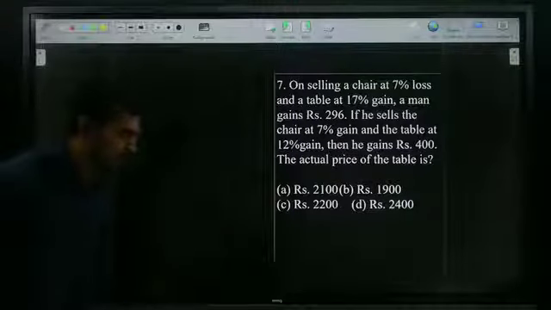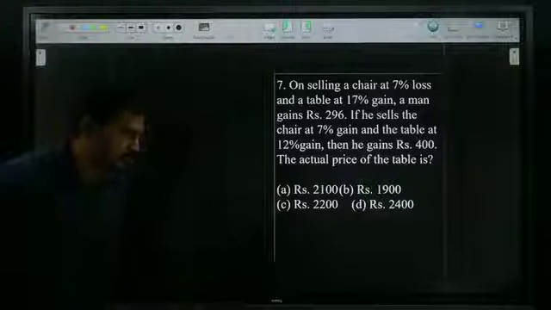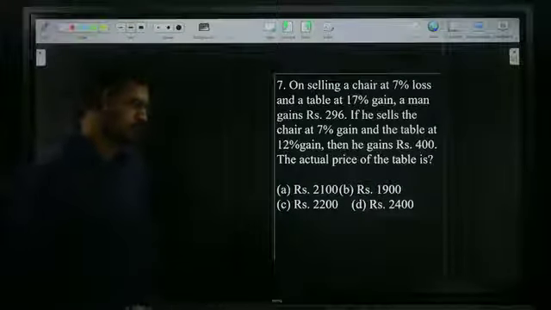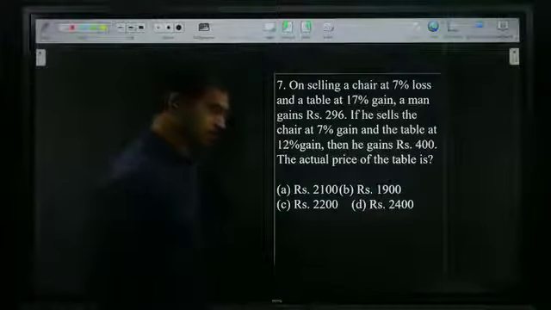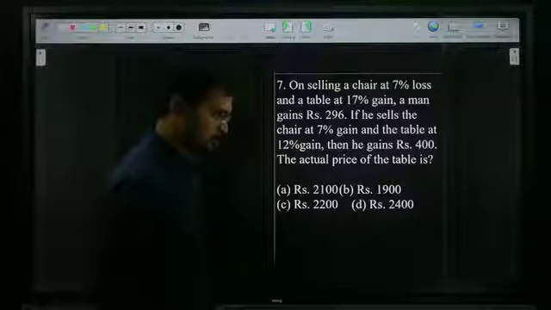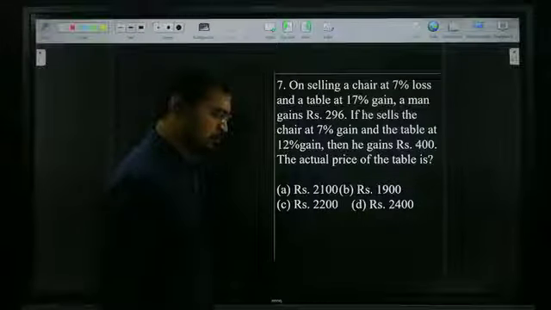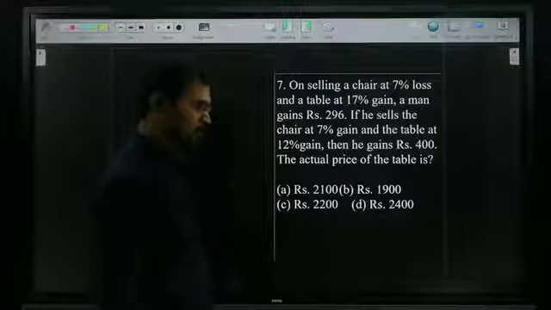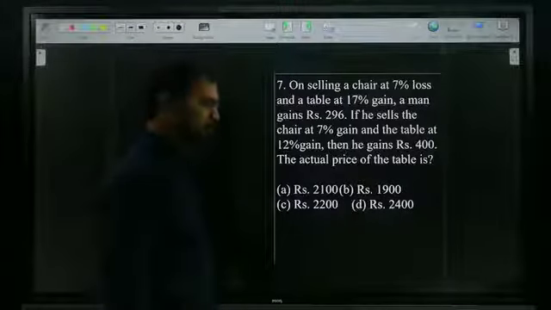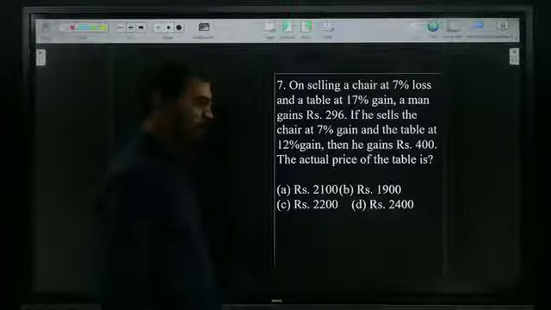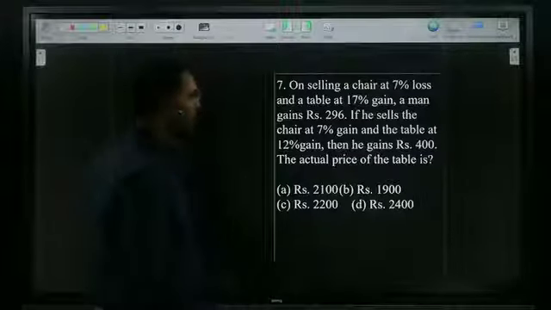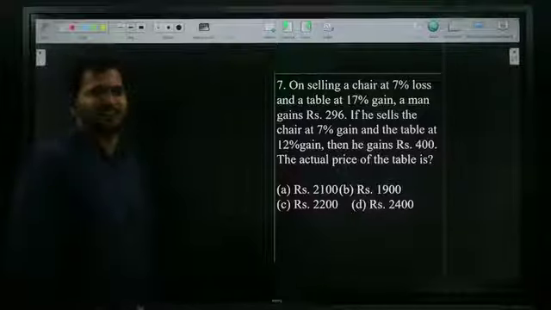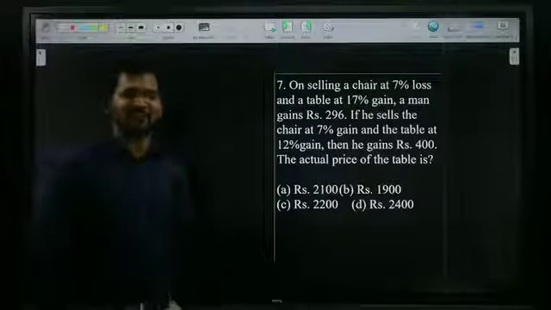Swapna is asking, sir, shall we take 25% is 60? No, that is not 25% is 60.